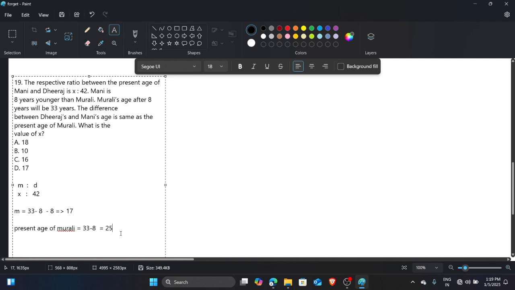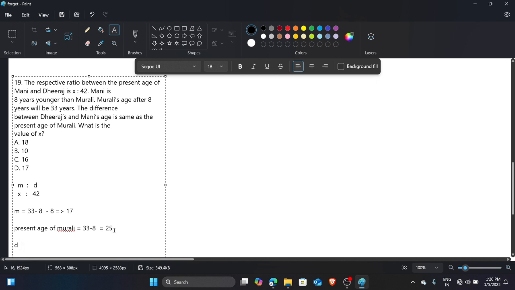Okay. What is the value of x? Now they want the value of x from here. The difference between the Dheeraj and the Mani age is the same as the present age of Murli. Okay, so you can see that 17 is the present age of Mani, and 25 is their difference.